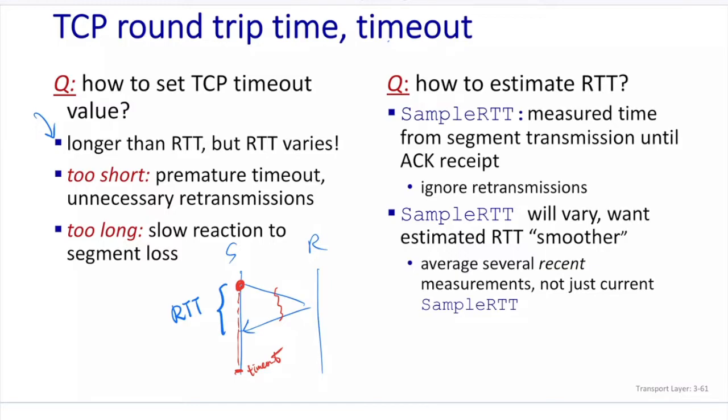So the sender will be slow to react to segment loss. So it is an essential problem how we estimate the RTT, and how we define a proper timer based on the RTT.